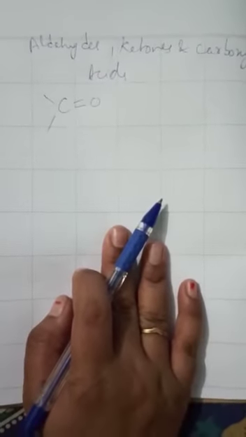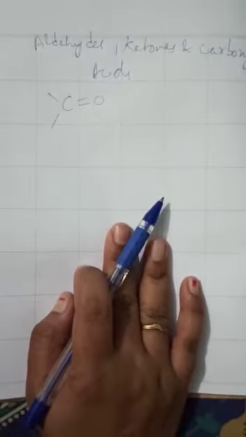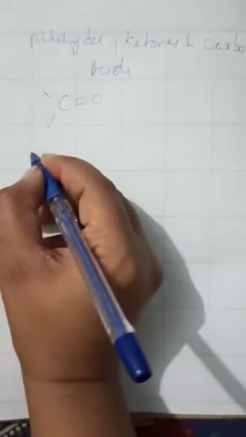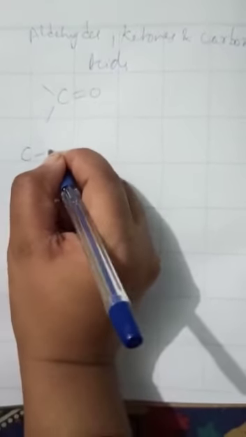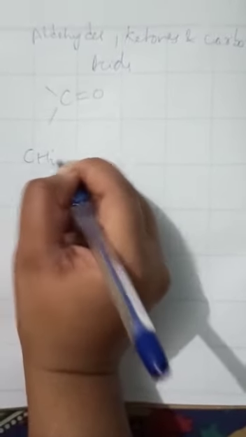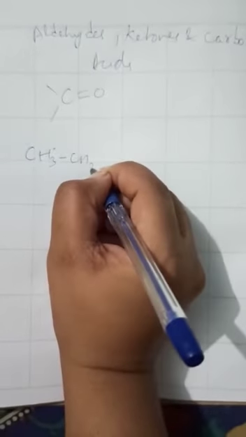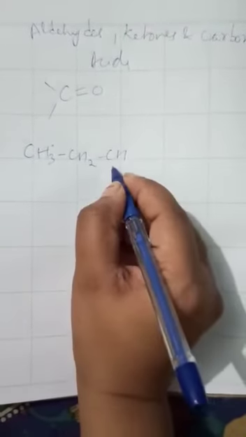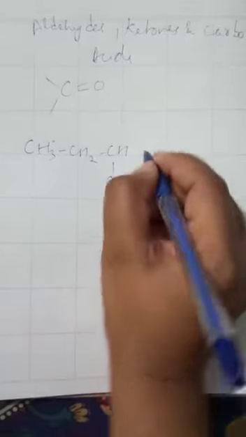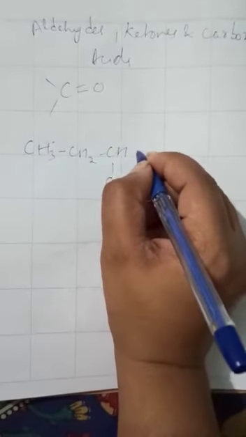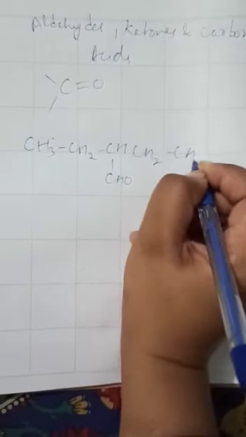So in this video, moving forward, let's first discuss the nomenclature of a few of these compounds. For example, let's take this compound: CH3, CH2, CH, here we have CHO, then CH2, CH3.